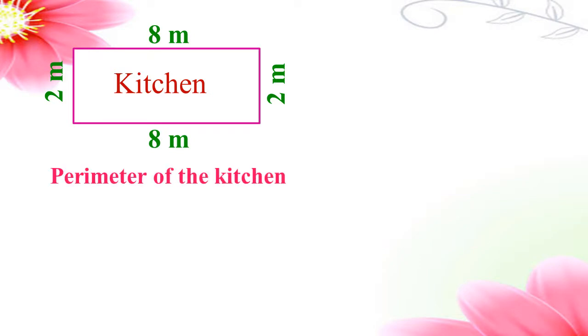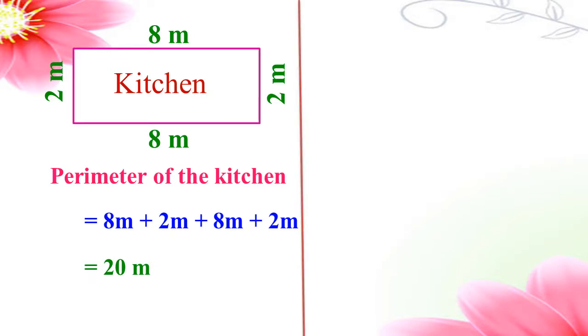So, first, perimeter of the kitchen. Here the breadth is 2 meter, length is 8 meter. So perimeter of the kitchen equal to 8 meter plus 2 meter plus 8 meter plus 2 meter equal to 20 meter. That is perimeter of the kitchen equal to 20 meter.